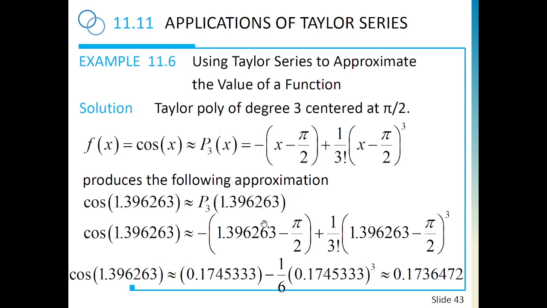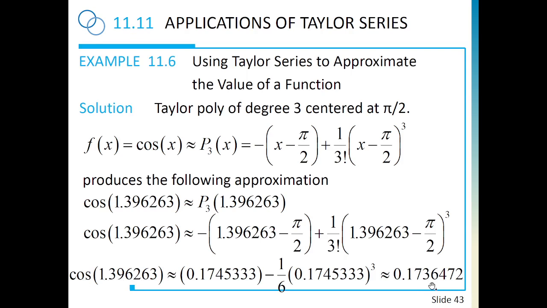We just plug x equal to this number into the expression here and we get the value. There's some computation to be done using the calculator. So this is an approximation of cosine at 80 degrees, so 1.396 radians.